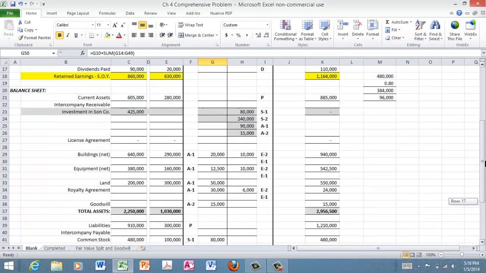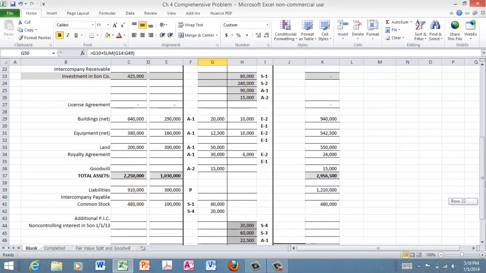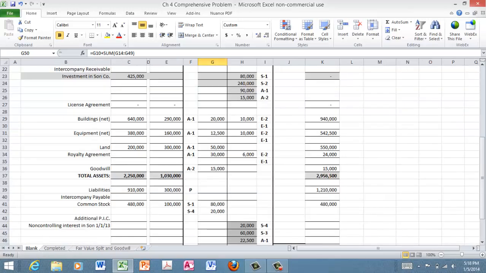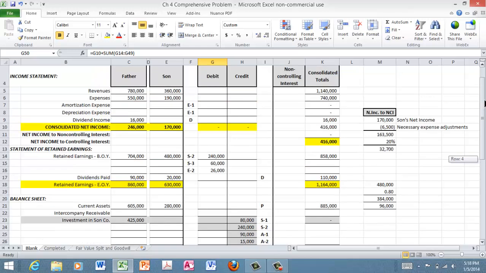We're in balance there. Now let's take care of the current year excess amortization that needs to happen, which I've detailed for you here. Basically, we have $5,000 of depreciation and $1,500 of amortization. So when I head over to my worksheet, amortization we said was $1,500, and my two $2,500 amounts added together would be $5,000 on the depreciation expense.